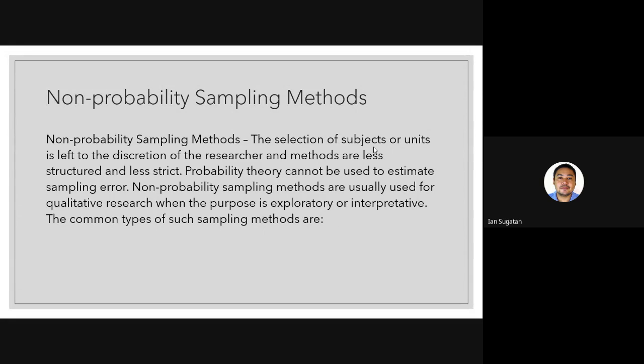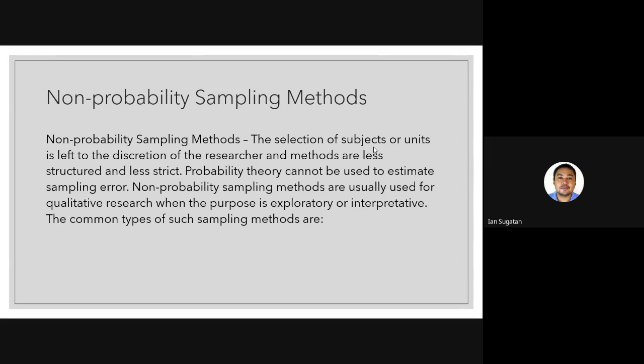If you're going to have your capstone and you are going to compute or tabulate for the results, not the results yet, but the sample sizes, the sampling method. Most of the time what we use is non-probability since our sample size does not exceed 30. So your sample size should not exceed 30. So what you can use is the non-probability sampling method.